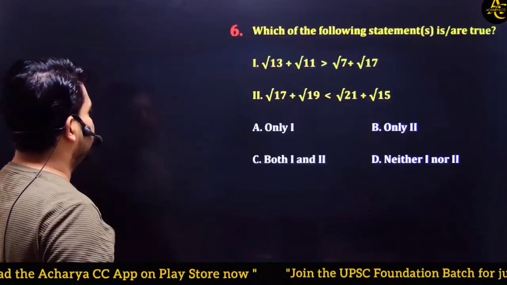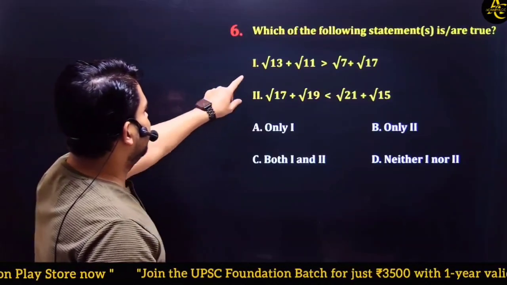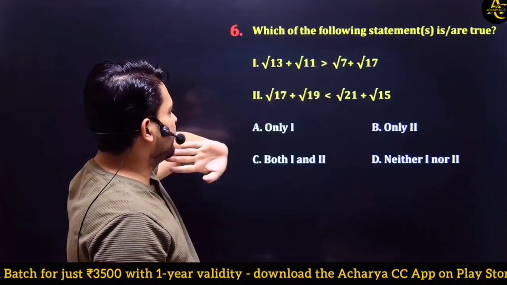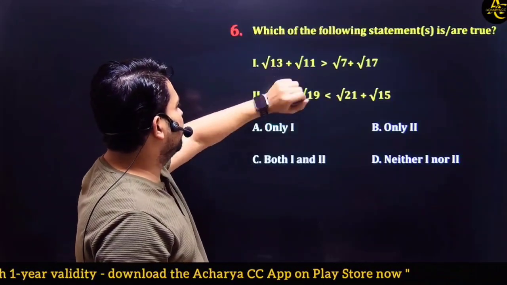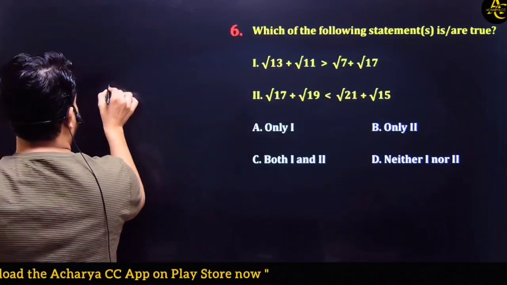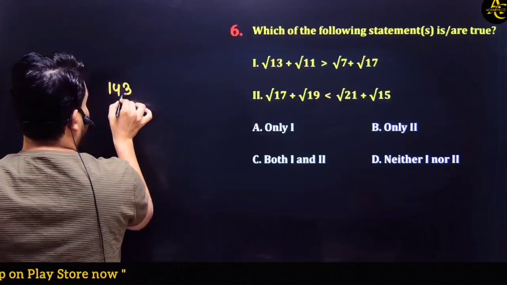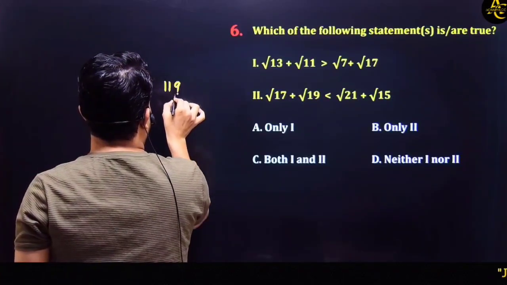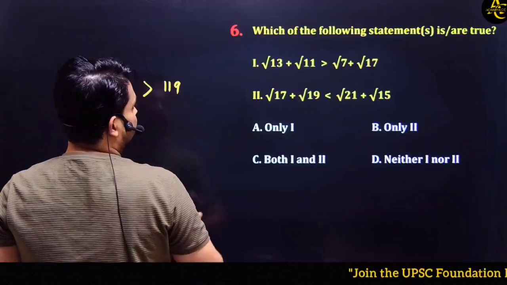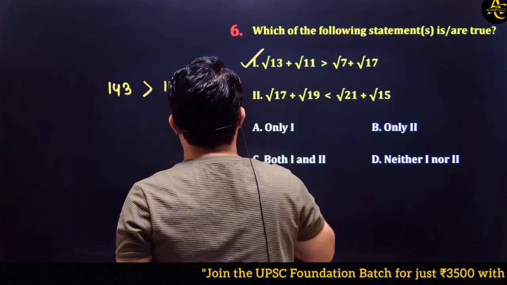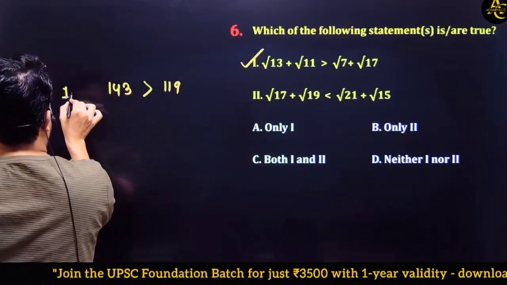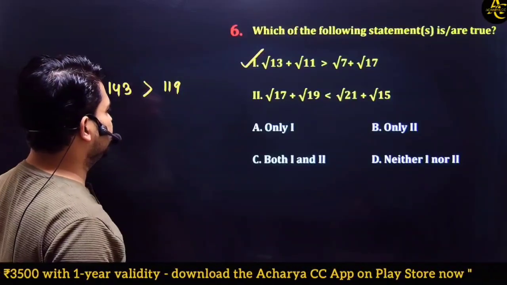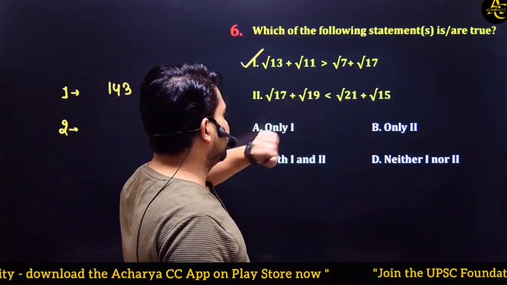Next, same question. See, 13 and 11 is 24, and 17 and 7 is 24. So 13 into 11 is 143. Here we have 143 in statement first, and then we have 17 times 7, which is 119. 119 means this one is greater than this, so the sign is the same, so this one is correct. This is statement first. What is statement 2? Statement 2 says 17 plus 19 is 36, and 36.